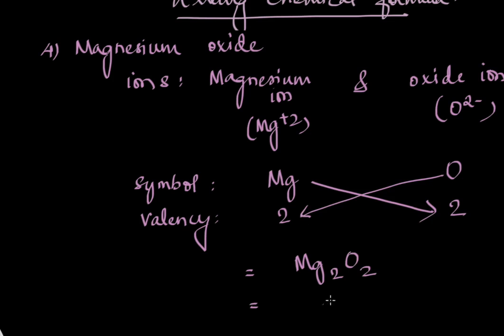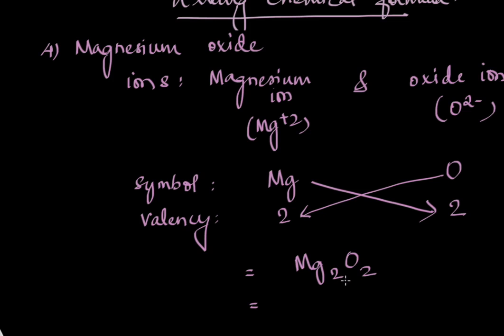Now here there's a certain thing that you need to notice, that both magnesium and oxygen have the number 2 at the bottom. What it means is that 2 atoms of magnesium combine with 2 atoms of oxygen. Now because the numbers have a common multiple, if I divide both the numbers by this particular number, then I can simplify this a bit further.